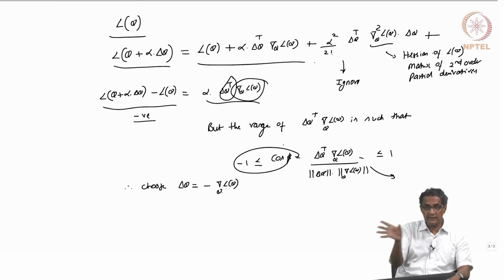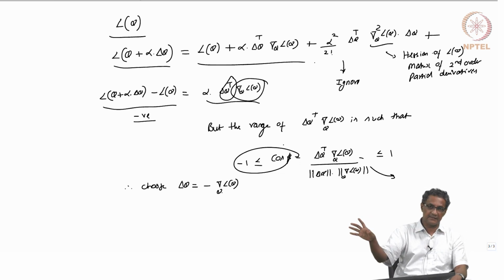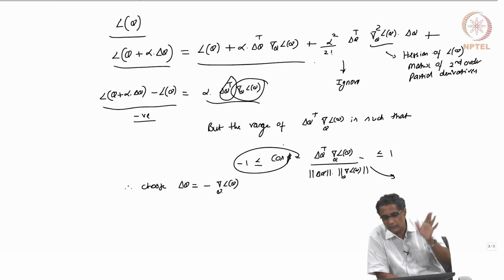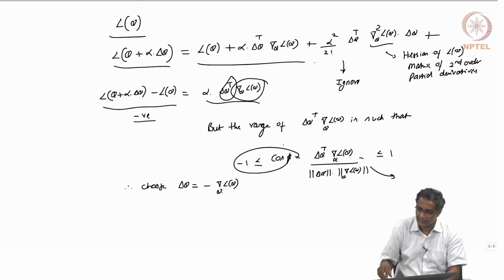When you express L(θ) in terms of all these weights and biases, you should not end up with something non-differentiable somewhere along the way. That is something we have to take care of.